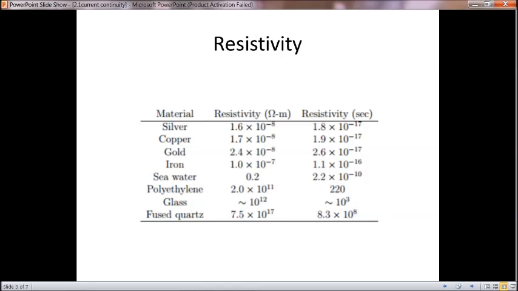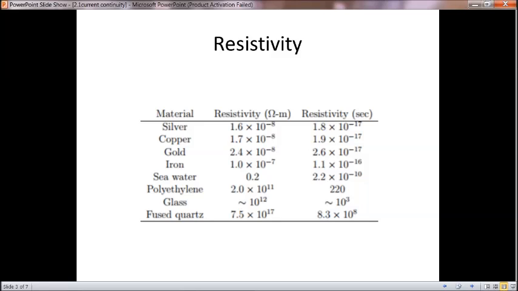If we see the resistivity of conductors, the examples are silver, copper, gold, iron, seawater. Those have a resistivity on the order of 10 to the power minus 8 ohm meter. So these are all conductors.